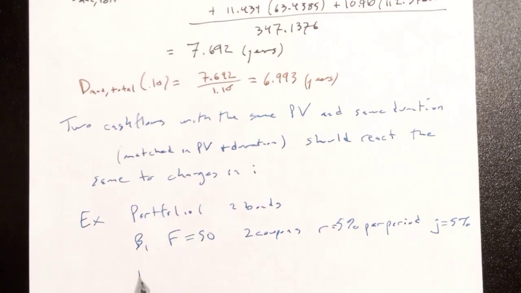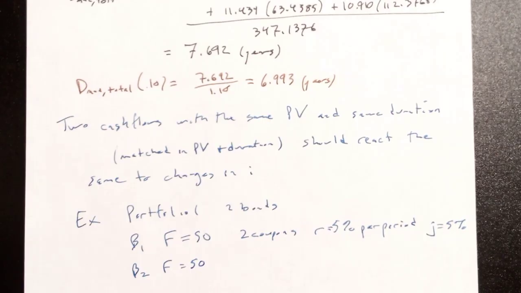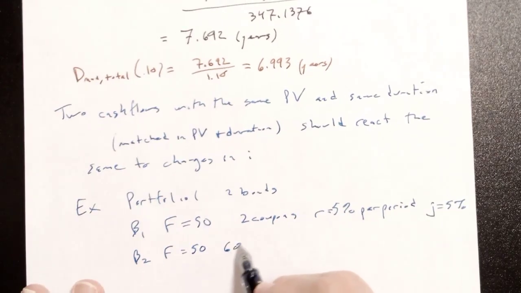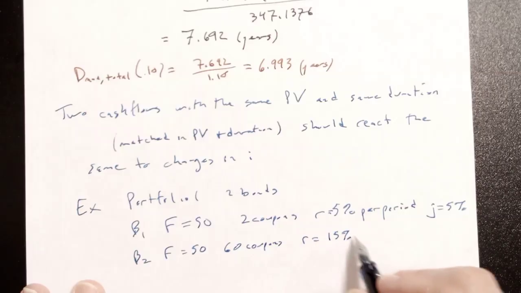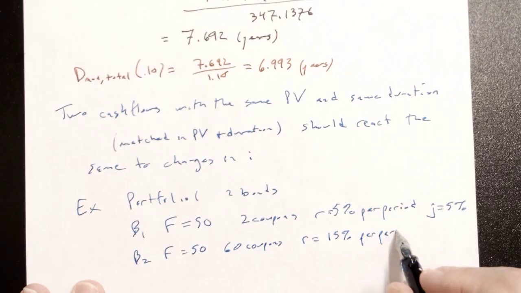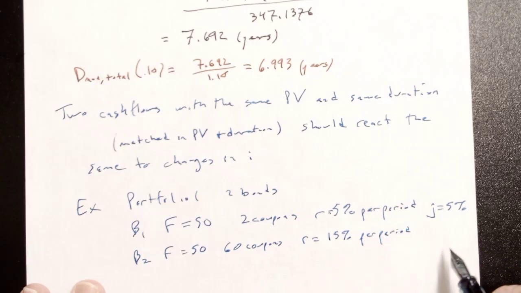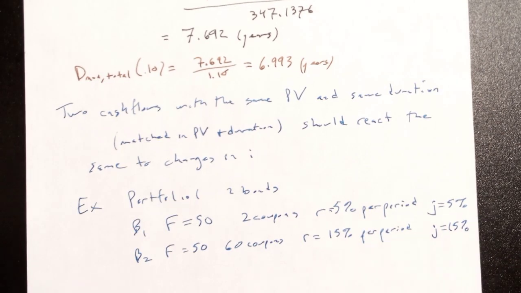The second bond is also a face value of 50. It's got 60 coupons with a rate of 15% per period. And a yield of 15%. What's the present value of this portfolio?